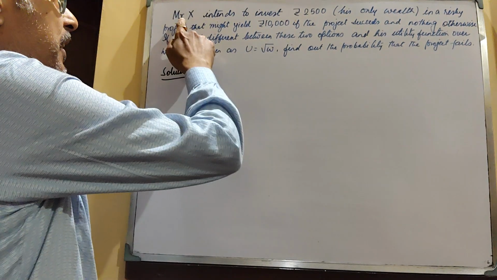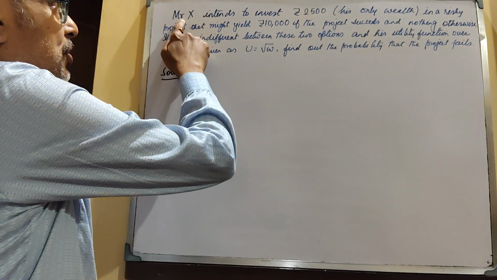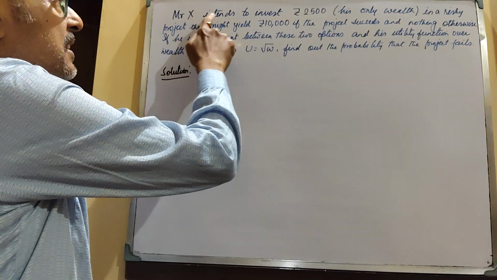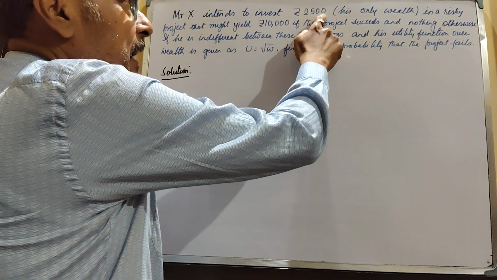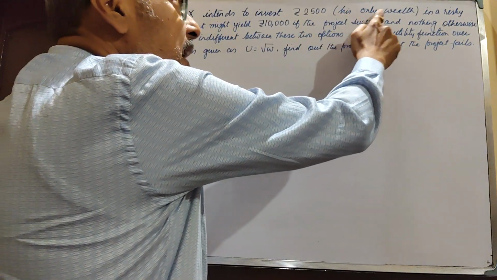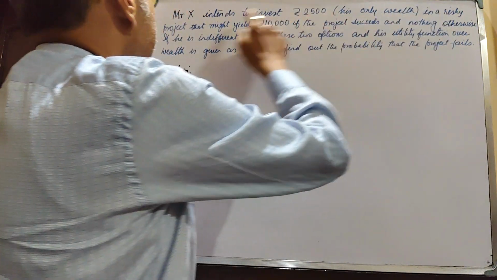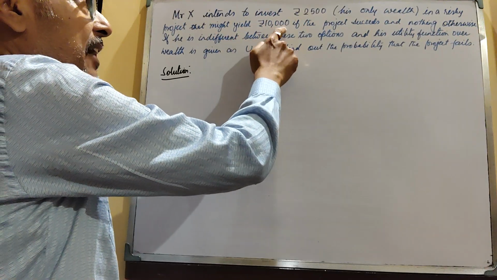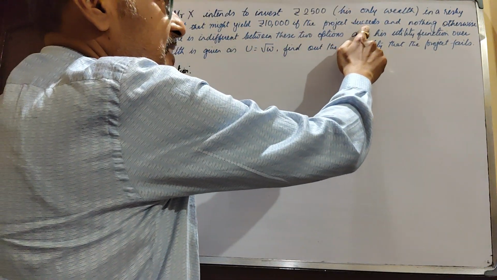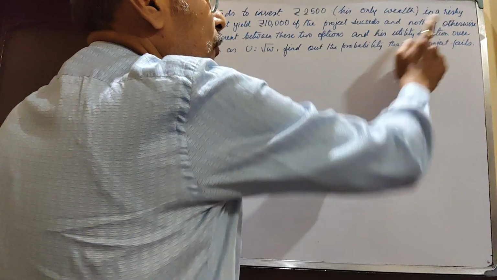Hello, in this video we want to solve this question. Mr. X intends to invest rupees 2500, his only wealth, in a risky project that might yield 10,000 if the project succeeds and nothing otherwise.